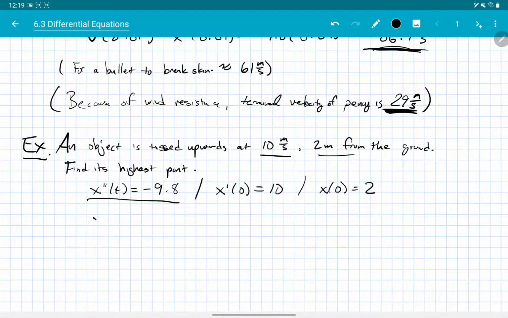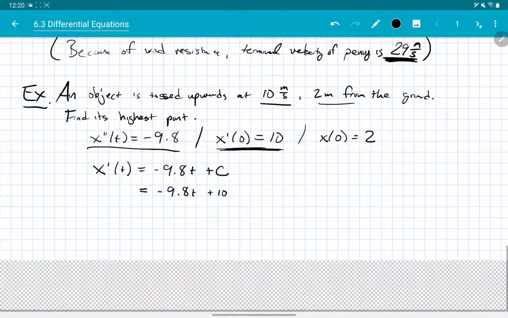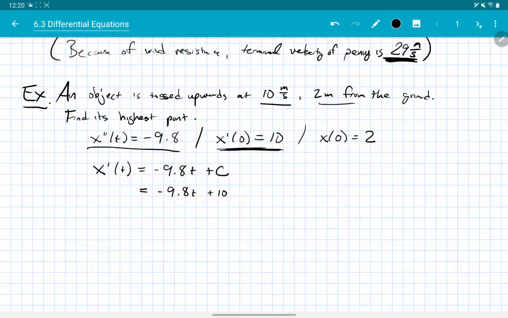If x double prime is negative 9.8, then x prime is negative 9.8t plus a constant. Here we know exactly what that constant is, because when we plug in 0, we have to get 10. So x prime is negative 9.8t plus 10. All right, that's x prime.